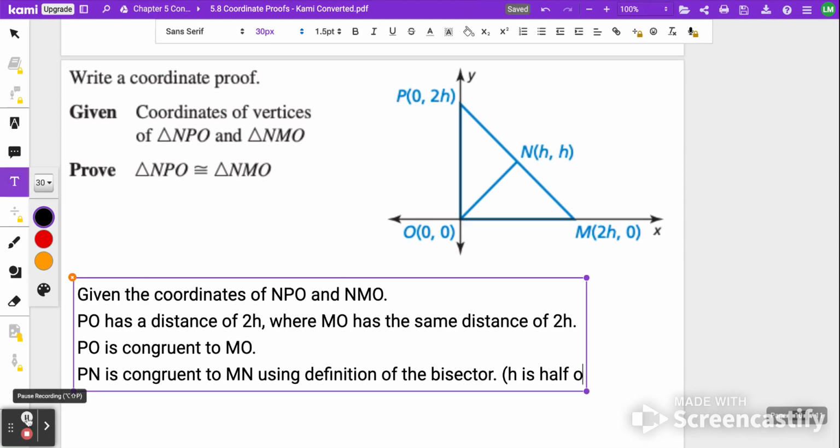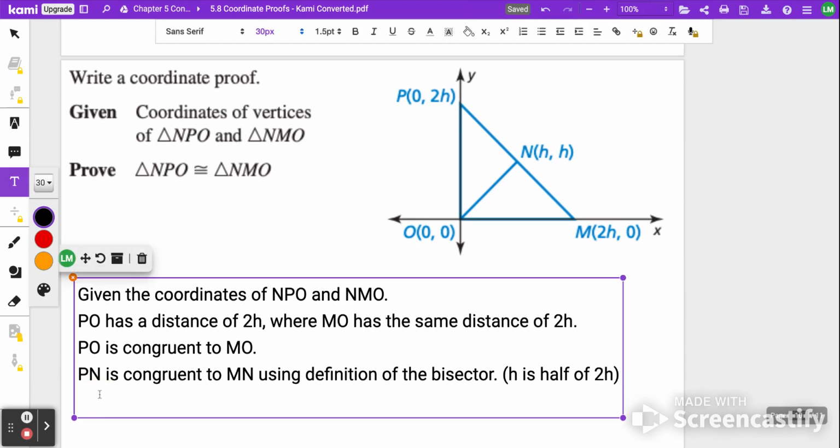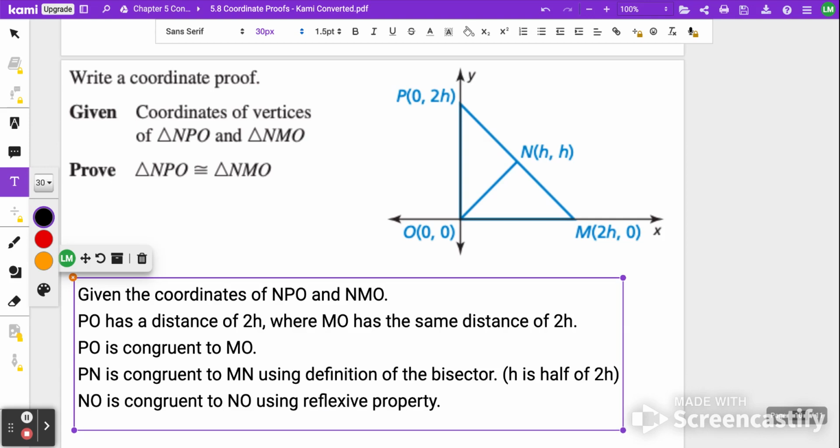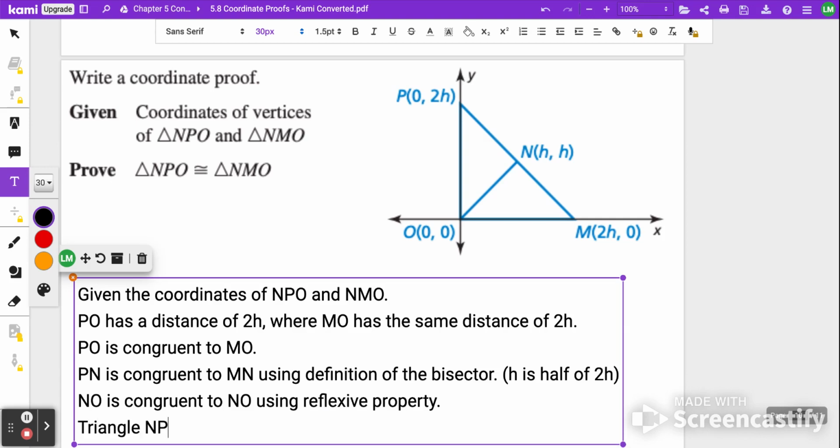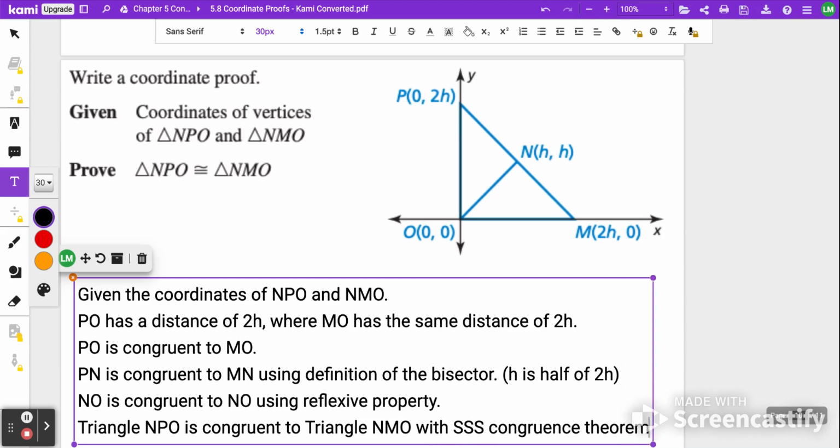Okay, once I know that that's the bisector, I can then maybe say that NO is congruent to NO using the reflexive property. And then now I can say that triangle NPO is congruent to triangle NMO with the side-side-side congruence theorem.